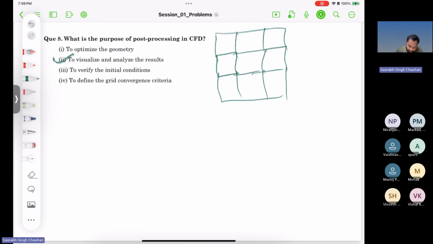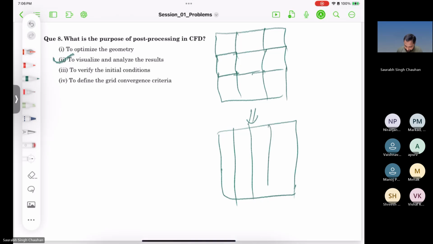There can be small structures that cannot be captured by these bigger cells. So what you do, you make this cell size smaller. Then again you get the results.